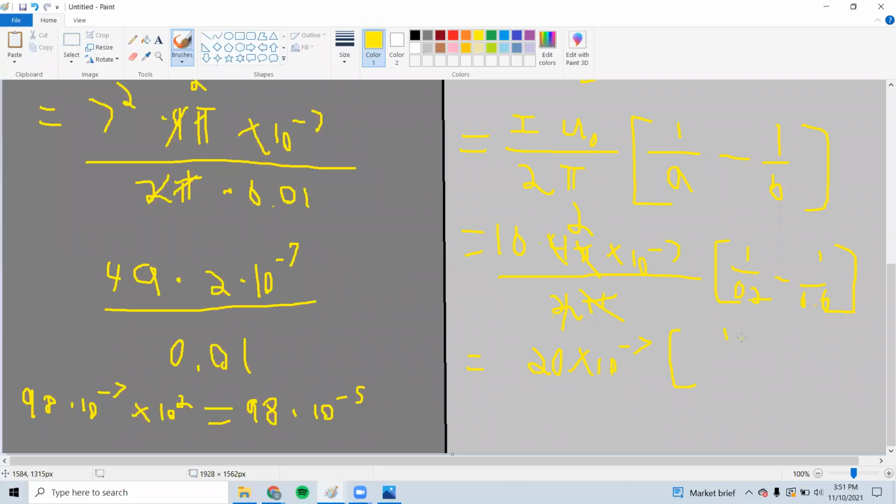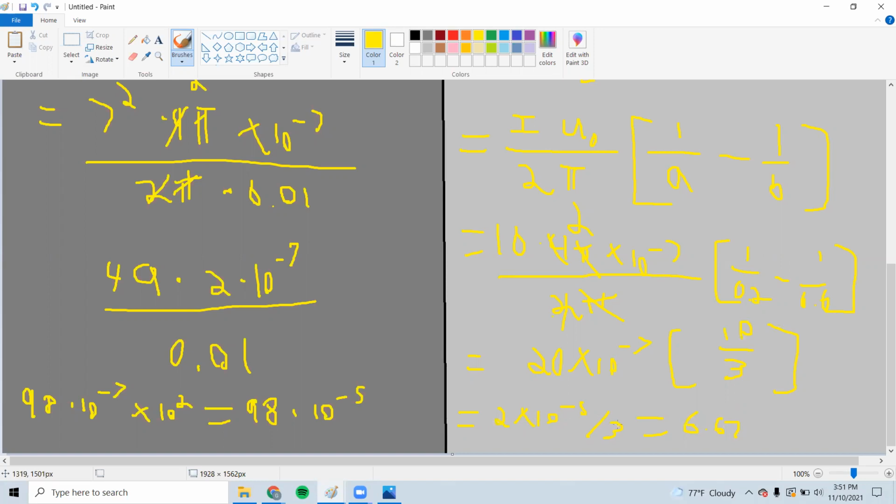This basically becomes 10 divided by 3 after simplification. So if we multiply 20 times 10, that's 200. And then that just becomes 2 times 10 to the power negative 5 divided by 3. 2 divided by 3 is equal to somewhere like 6.67.